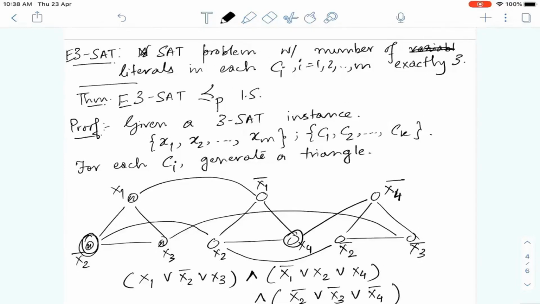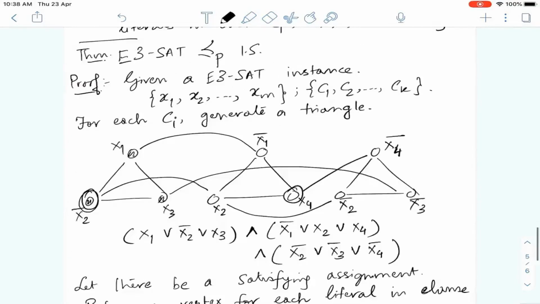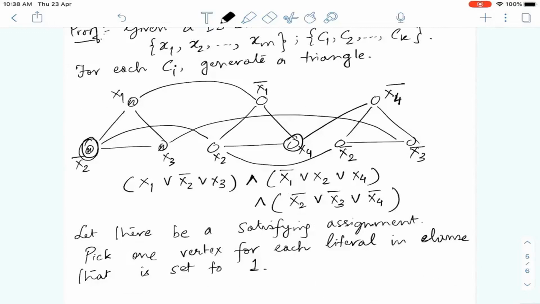Suppose that we are given this instance of 3-SAT. That's your 3-SAT formula, and you need to answer the question of whether there exists a satisfying assignment or not. The way we reduce it to the independent set problem is the following. Since it's independent set, we have to construct a graph. Now the graph looks as follows. For each clause, I create a triangle.